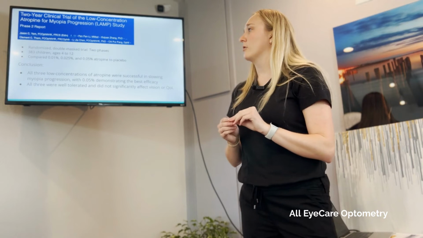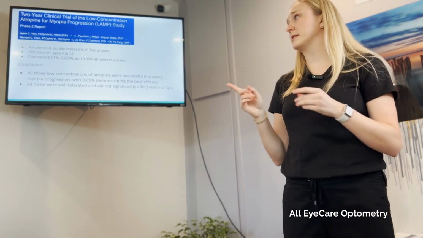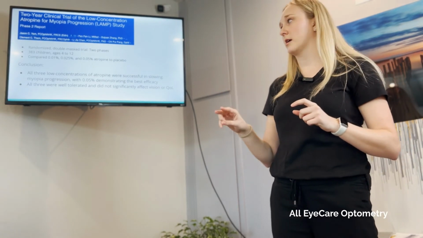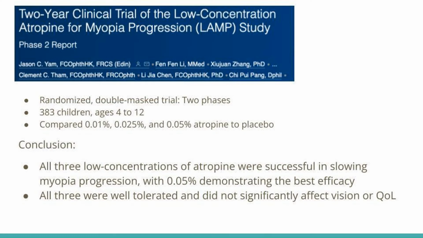And then there's been a lot of studies on atropine, especially more recently. This is the LAMP study. It was a two-part study that looked at different percentages of low-dose atropine, so comparing a pretty low dose to a slightly higher one, all of which are really low-dose atropine, comparing that to a placebo drop essentially and seeing if it was successful in slowing myopia.